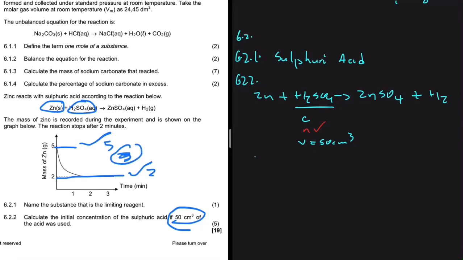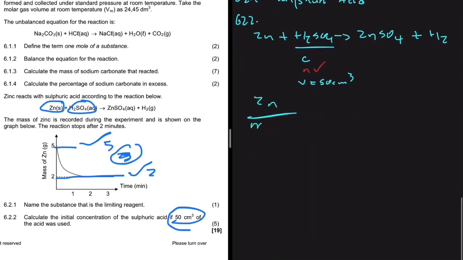So with regards to zinc, we know that the mass that reacted is 3 grams. From the mass, we can find the number of moles of zinc that reacted. And from the number of moles of zinc that reacted, we can use the mole ratio to find the number of moles of H2SO4. If we have the number of moles and we have the volume, we have the concentration, and we are done with our problem.